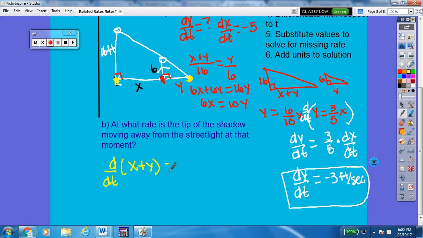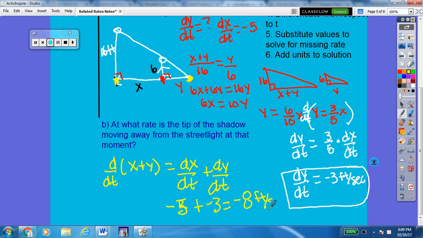And of course, that's just dx/dt plus dy/dt. We know that dx/dt is -5, and dy/dt is -3. So the tip of the shadow is getting closer to that street lamp by 8 feet per second. And that's it.